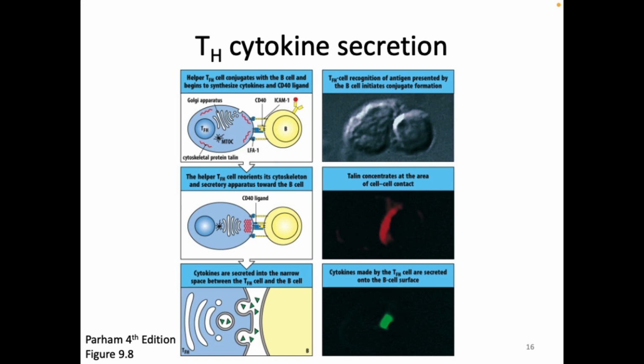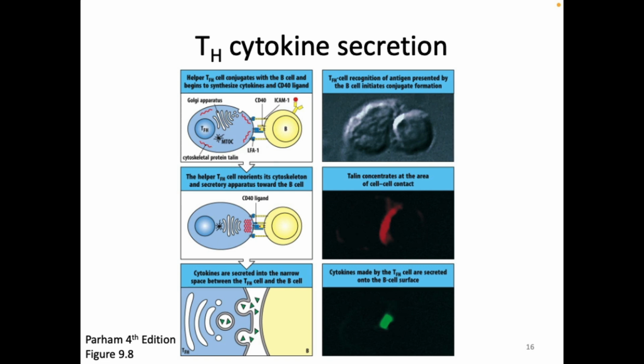But it's the same thing, like we have the cell kind of rearrange and put the granules right next to the cell that it's going to secrete towards, and there's even the same kind of wall with the integrins, and we get the same little directional secretion. But what you might notice as I discuss this is I just said that our helper T cells secrete cytokines.